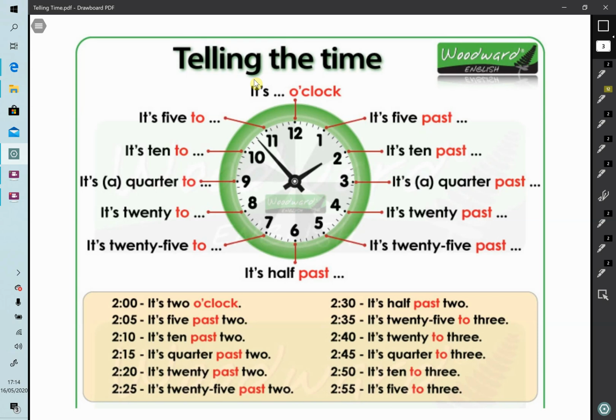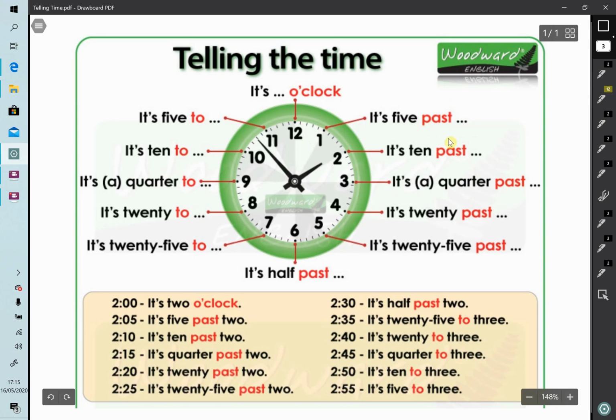All right, girls. So I have in front of me this clock, and I'm only going to be telling you just one thing that I want to point out. Now I'm talking about minutes, okay, girls? Whenever we are talking about minutes between the numbers 12 to 6, we always say it's 5 past, it's 10 past.